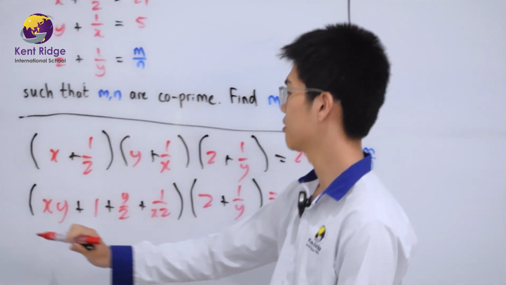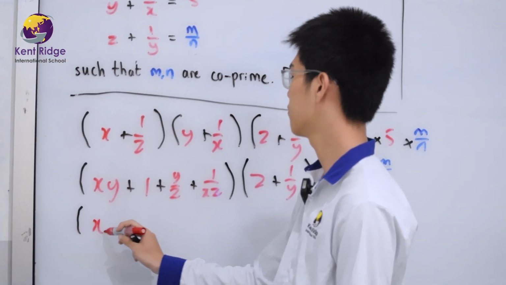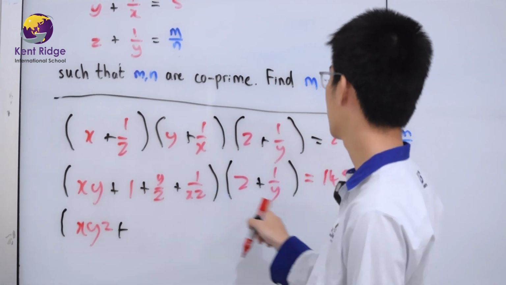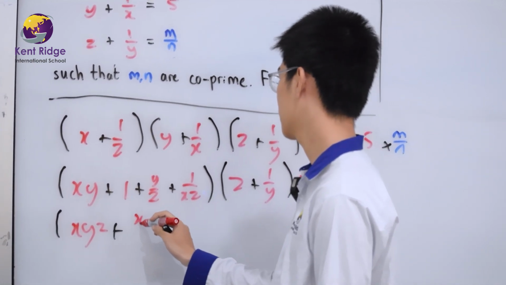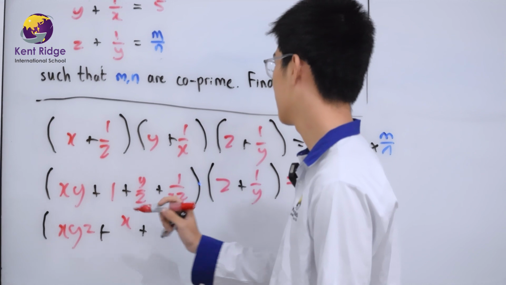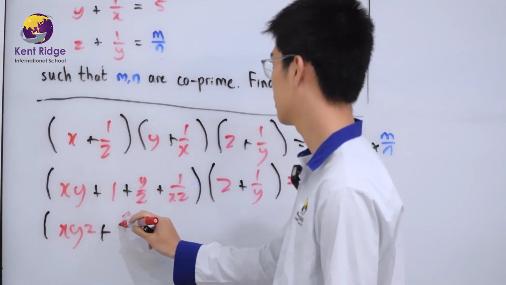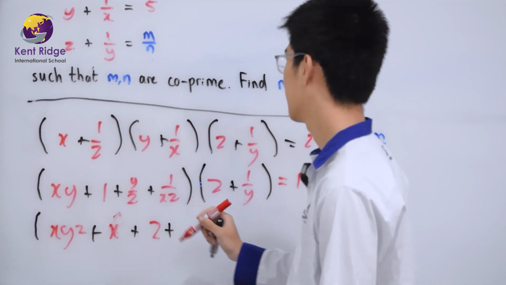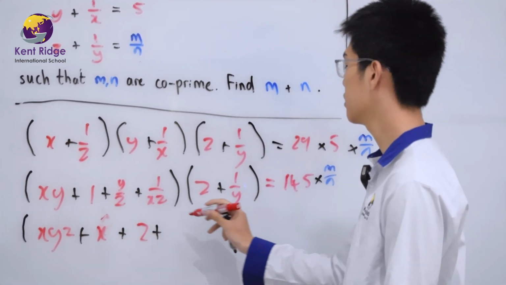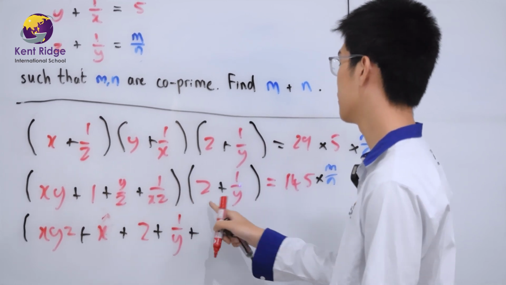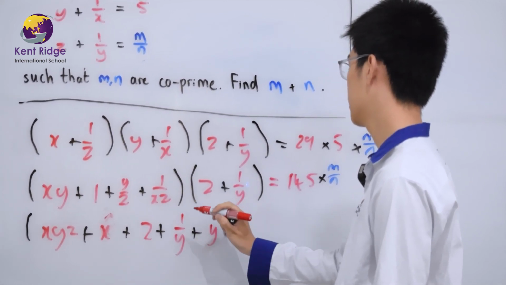Then we will also expand these two to make a more simplified version. We get x, y, z, just as we expected. Then x, y, 1 over y is just x. And 1 and z is just z. And 1 and 1 over y is just 1 over y. And y over z with z is just y.